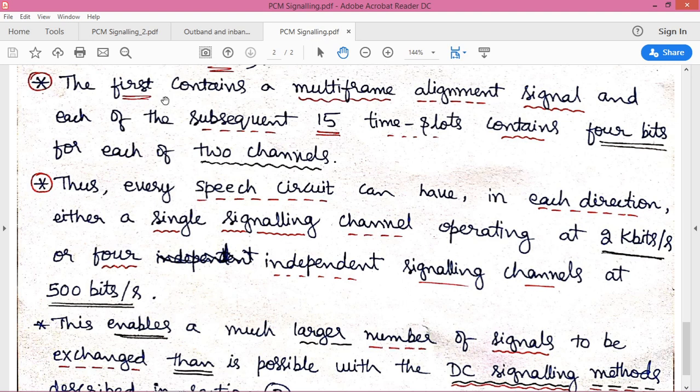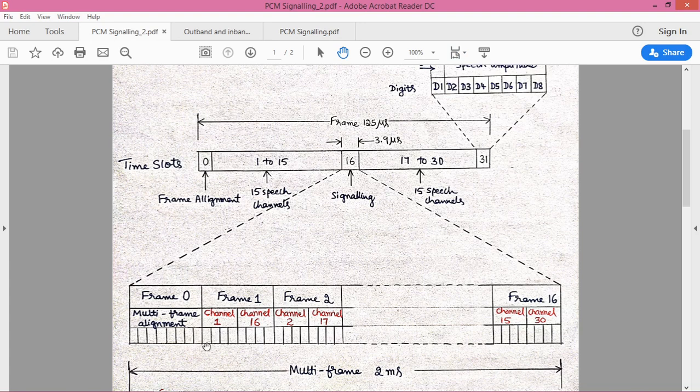That's why the first frame contains a multi-frame alignment signal, and each of the subsequent 15 time slots contains 4 bits for each of 2 channels. So 4 bits are used for each channel.